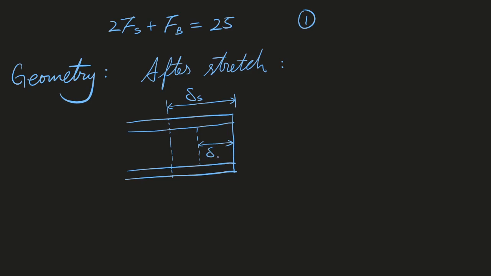So we can call that delta B. We know from strategy that delta S is 0.5 more than delta B. So we can write this. Let's write steel here, and brass here. Okay, this is our second relation.